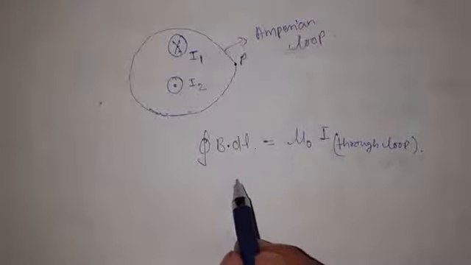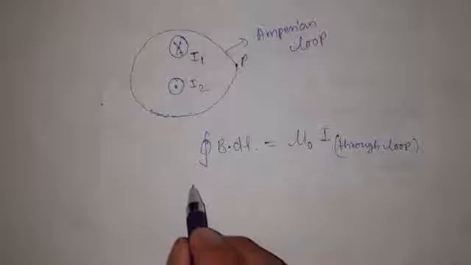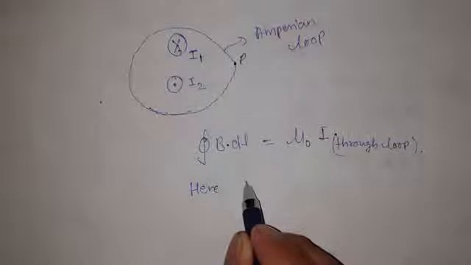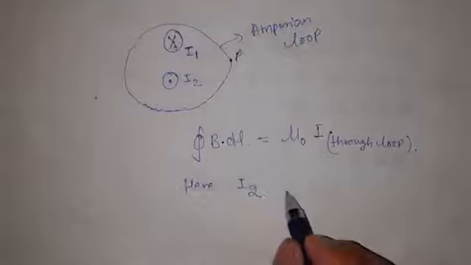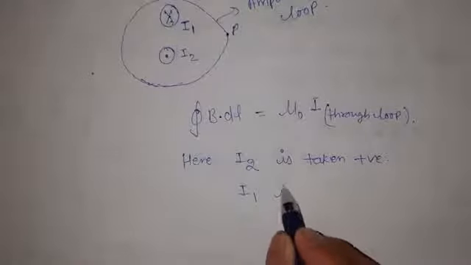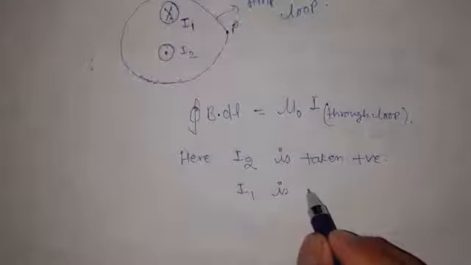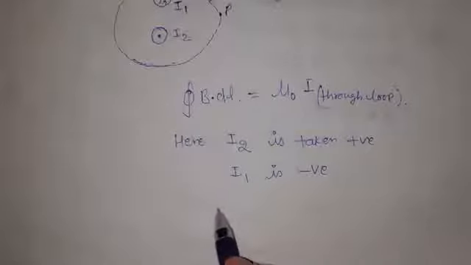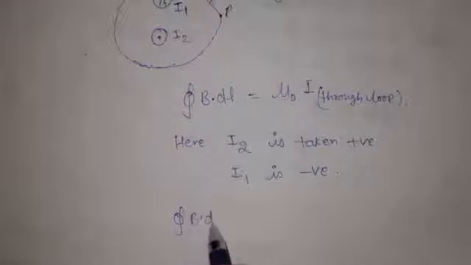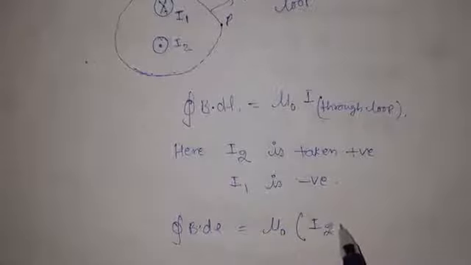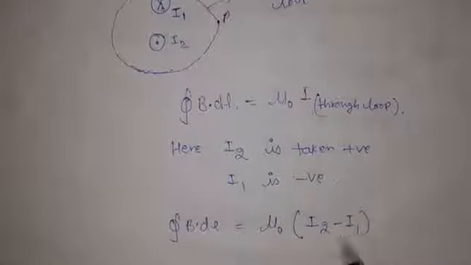So for this we are doing one thing, that the current which is coming out, this current I2 is coming out of the paper, so it is taken positive. So what did we do, we took it positive. Then the current I1 is inward, its direction is opposite, so it is negative. Okay, so then what will be the net current? So then we will find over here that the current through the loop will become μ₀ times, I2 is coming out and I1 is inside, so it is I2 minus I1. This is the current which is inside the loop.